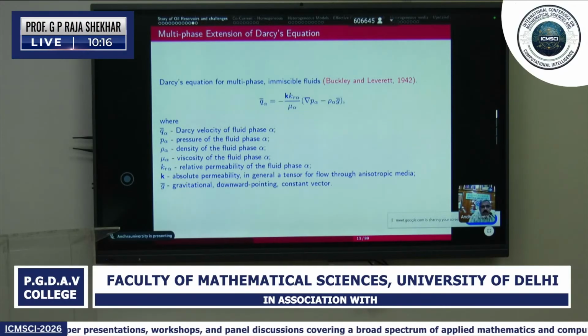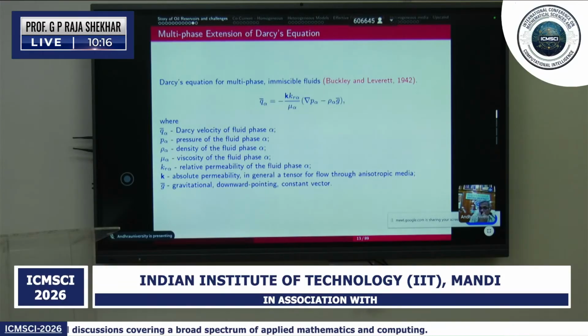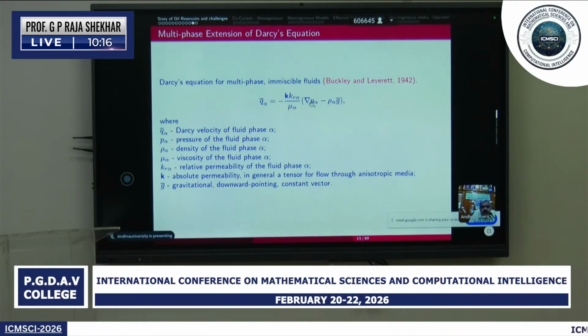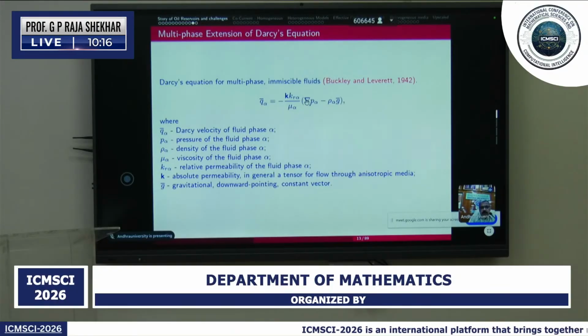That means the total flux is proportional to the gradient. Let it be Fourier's law, for example. That means the flux is proportional to the gradient of temperature. In a similar fashion, Darcy's equation says the flux of each phase is proportional to the corresponding pressure gradient.